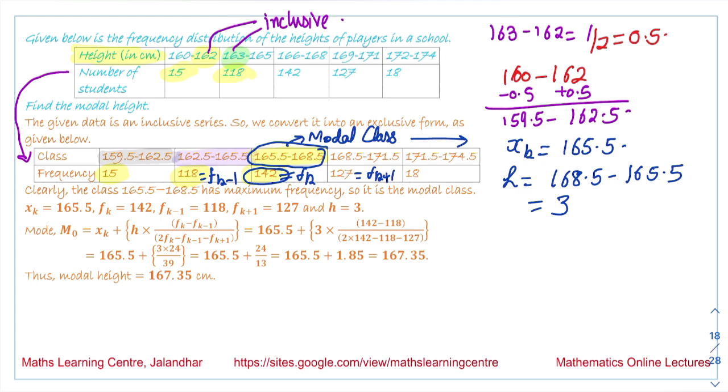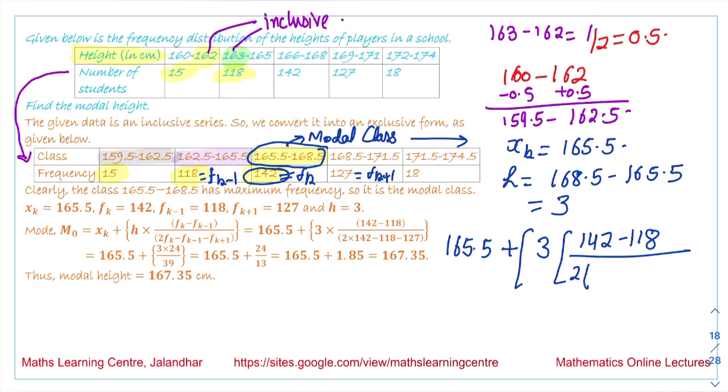So by substituting these values in the formula, we get 165.5 plus h is 3, then into 142 minus 118 divided by 2 times 142 minus 118 minus 127. On solving these values, the answer we obtain is 24.